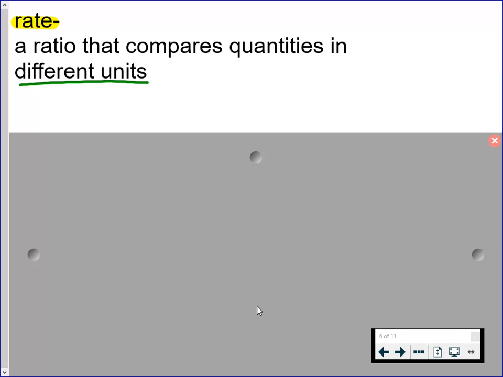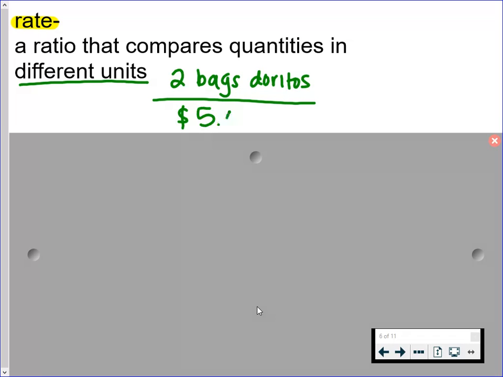Rate happens a lot at the grocery store. A lot. I just bought 2 bags of Doritos, 1 Cool Ranch and 1 Nacho for $5. 100% true story. There was a sign.